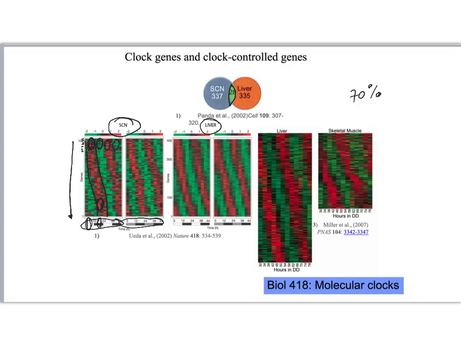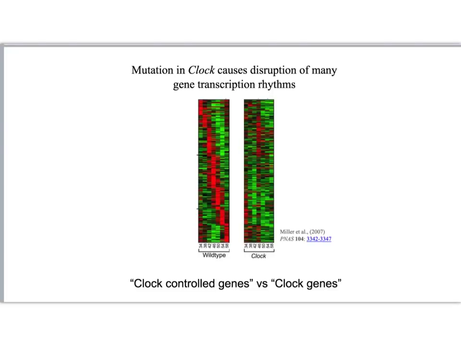This is, again, another example comparing liver and skeletal muscle. We also said that if you knock out clock genes, like in this case, it's not a knockout, but the clock mutation. Remember that the clock knockout is rhythmic.